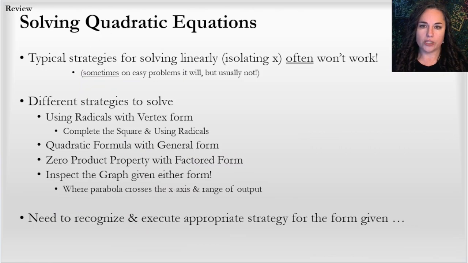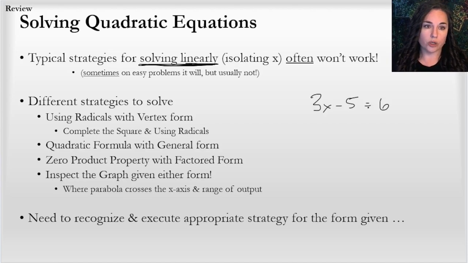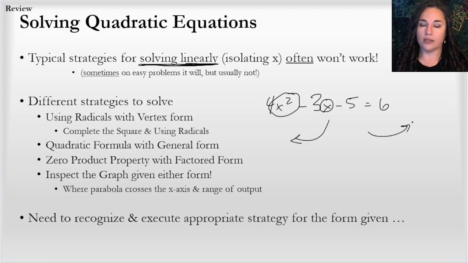Solving quadratic equations, there are typical strategies for solving. Solving linearly often won't work. Up until this point, you were used to solving an equation and isolating x. But if you were given a quadratic here, there's no way you can isolate x on one side and all of the other numbers on the other side.